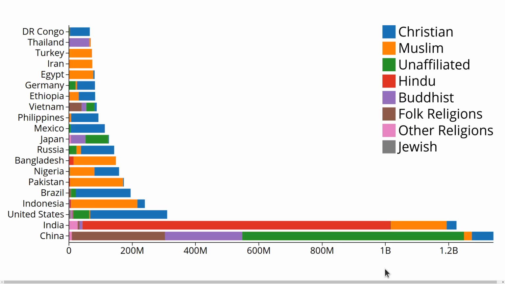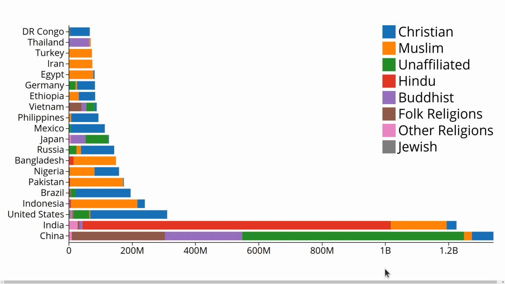So here's a visualization of that data set. It's a stacked bar chart where the religions are along the left and the colors represent the different religions. Looking at it like this, you can phrase the question, which country has the most Hindus, as a visual question.